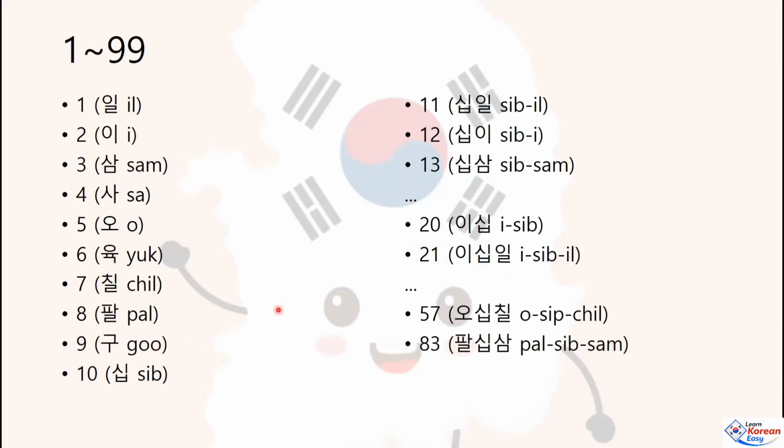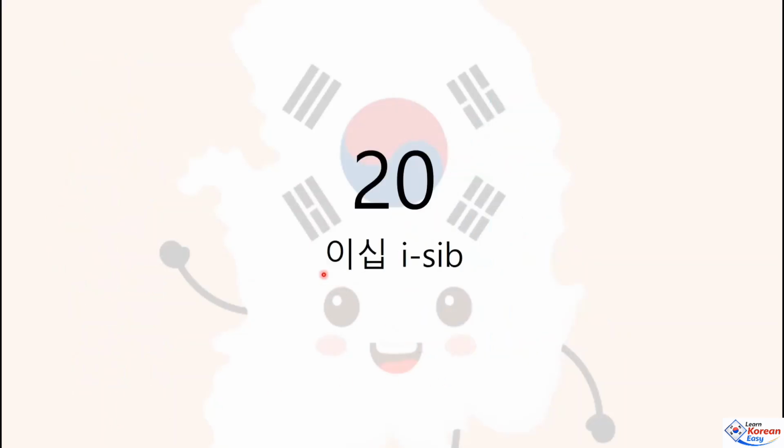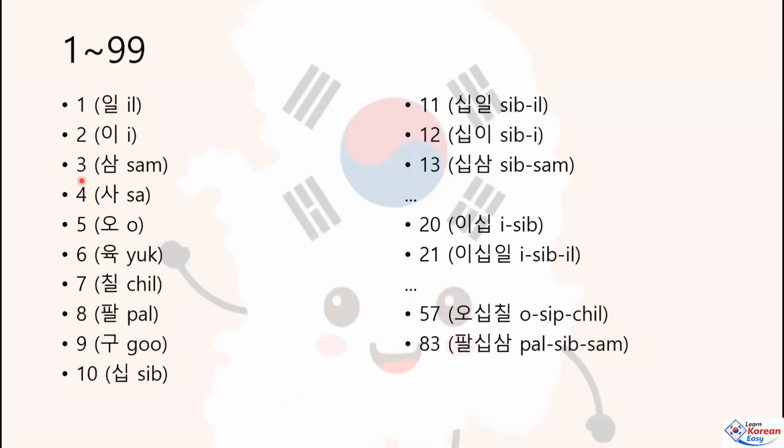Now, 2 comes first and then 10. 2, 10. 20. Now, 21. 20 and 1. Okay? So 2 plus the 10 and then 1 becomes 21.